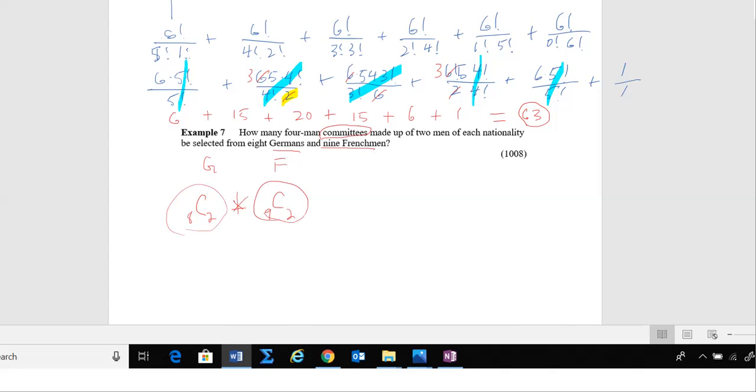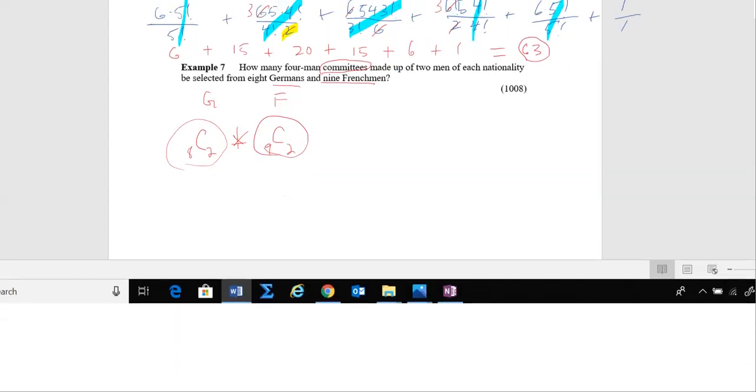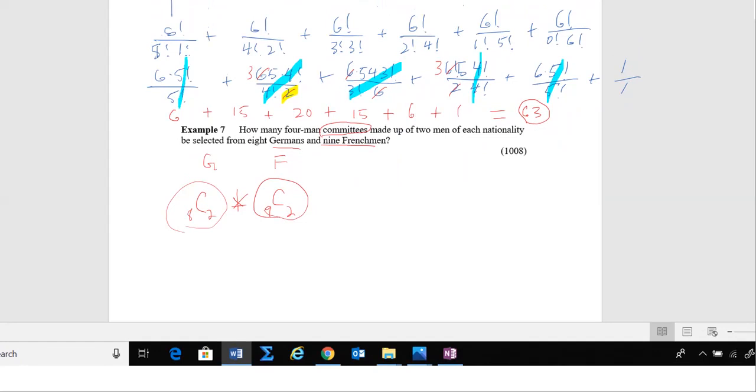So let's see if we can get an answer here. 8 factorial over 6 factorial 2 factorial and times 9 factorial over 7 factorial 2 factorial. So that's going to give us 8 times 7 over 2 times 9 times 8 over 2.